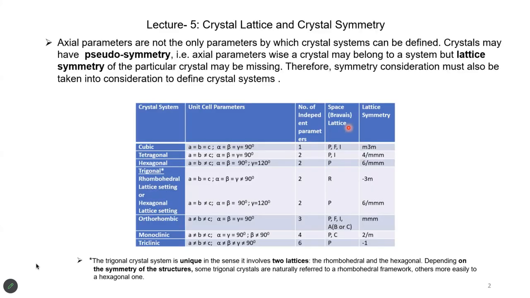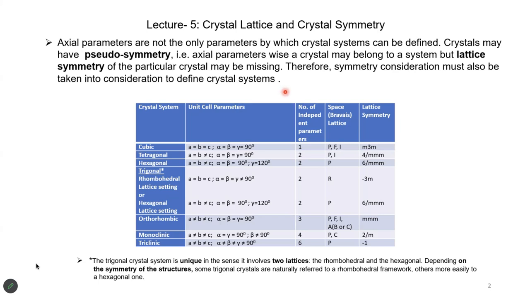Now we go to the fifth lecture, and this slide I was discussing in the last lecture, that is the fourth lecture, and I do have one point to clarify here.